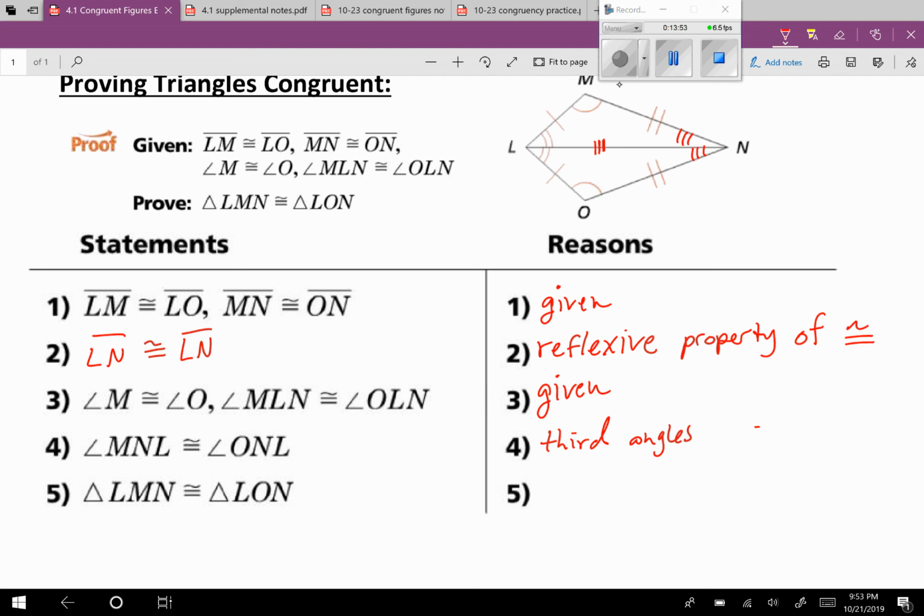So the third angles theorem would be the reason why we could say that M and L, this top one, is congruent to O and L. Okay, and then now we have 3 congruent corresponding sides and 3 congruent corresponding angles. So we know that our 2 triangles are congruent by the definition of congruent triangles. And there you go. That's your proof.